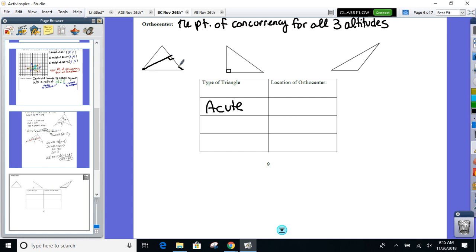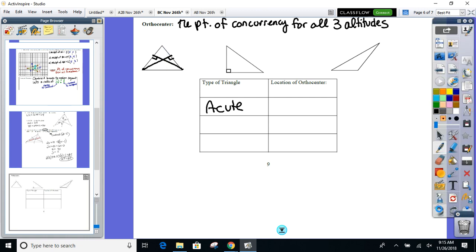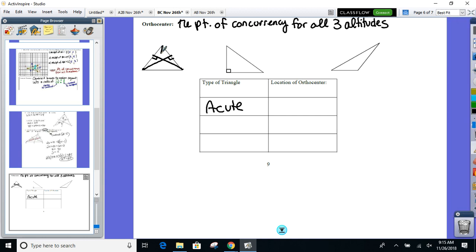If I drew in all 3 altitudes, no chance I'd be able to get one that's not inside. All 3 would be located inside. There we go. So the orthocenter is inside. But that is not always the case.